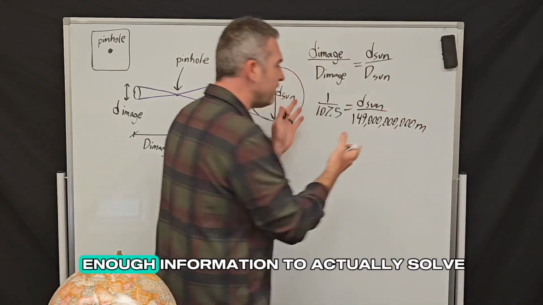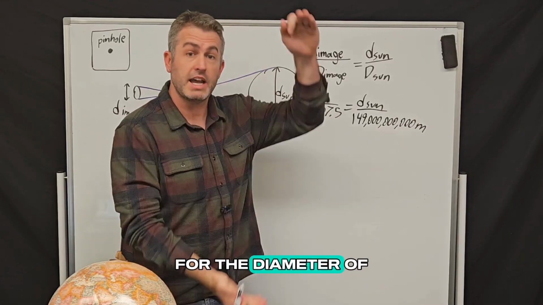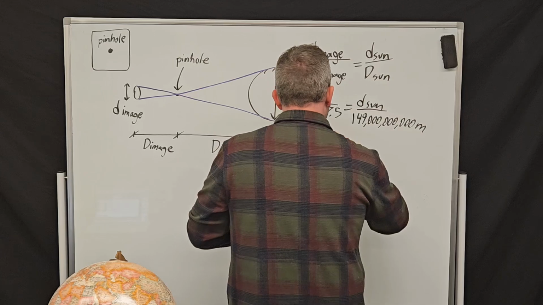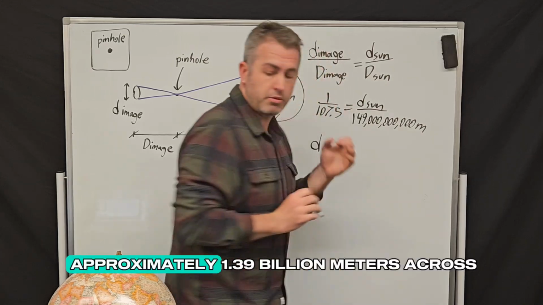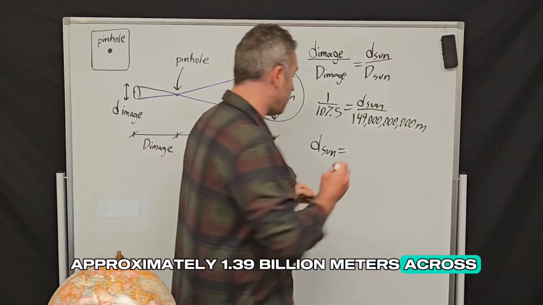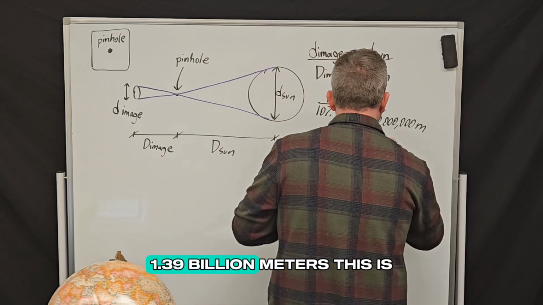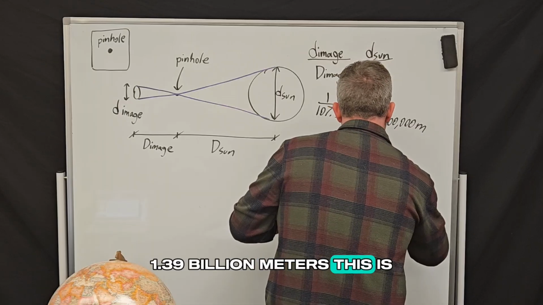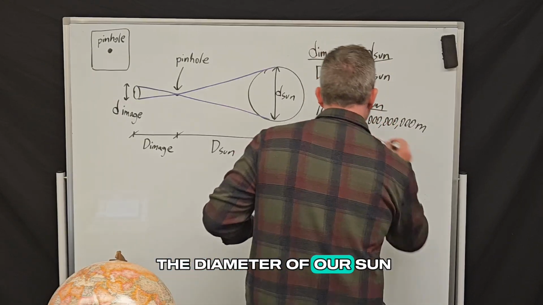And now we have enough information to actually solve for the diameter of the sun to figure out how big it is. If we do the math, what we get is approximately 1.39 billion meters across. 1.39 billion meters. This is the diameter of our sun.